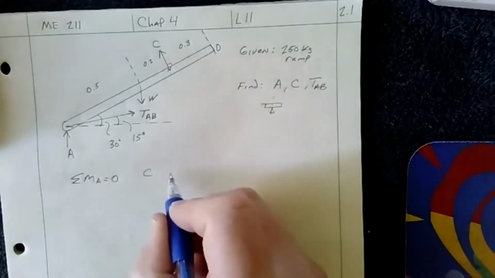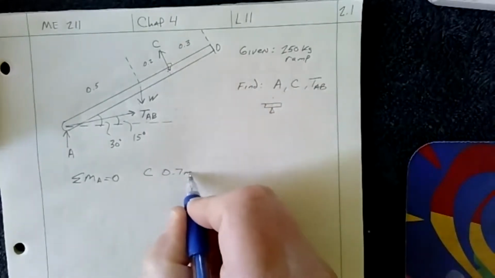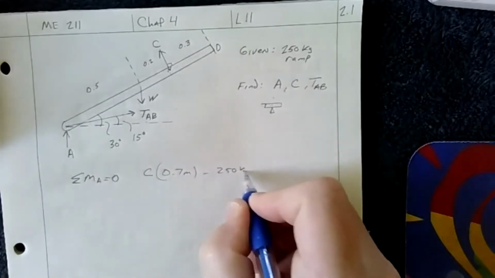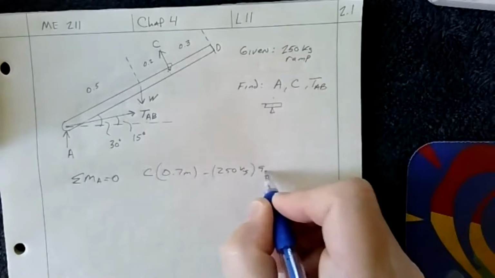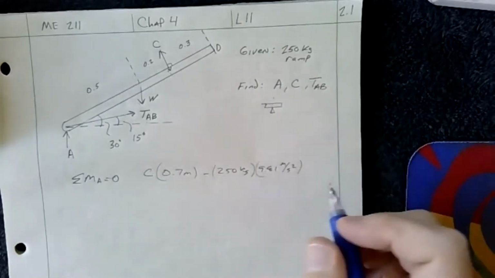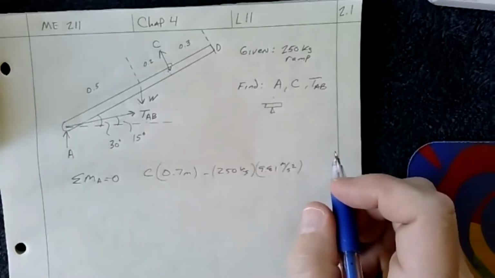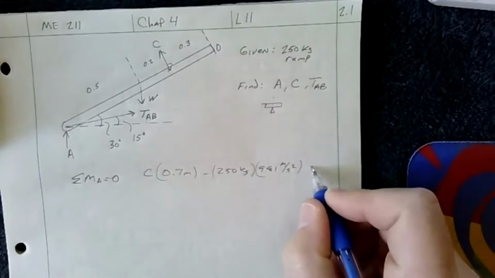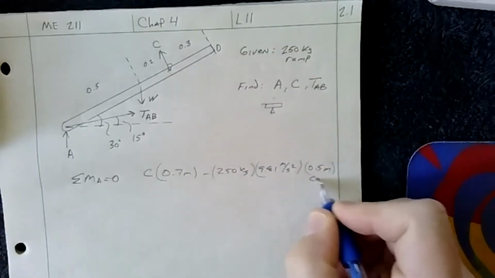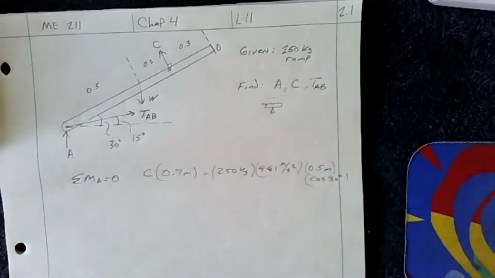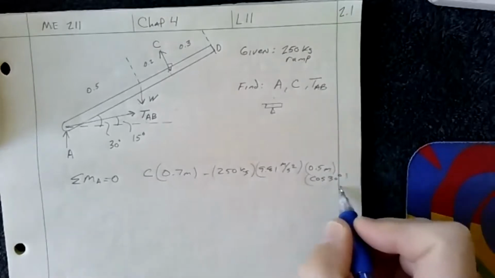So if we do that, we get C times 0.7 meters minus 250 kilograms times gravity. And you could do this beforehand if you want to not include it in the calculation. And then that's multiplied by the distance, which is 0.5 meters times the cosine of 30 degrees, and all of that equals 0.